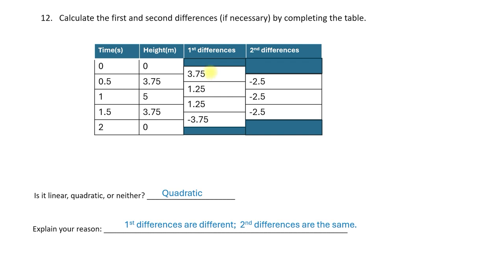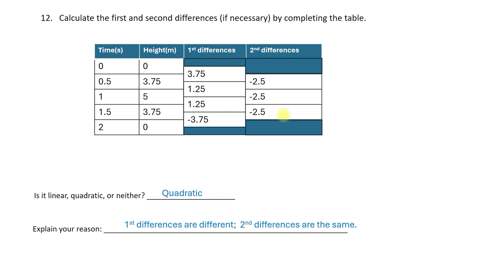Now, to find out if we have a quadratic, we look over to the second differences. 1.25 minus 3.75 is negative 2.5. This subtract this is negative 2.5. This subtract this is negative 2.5.